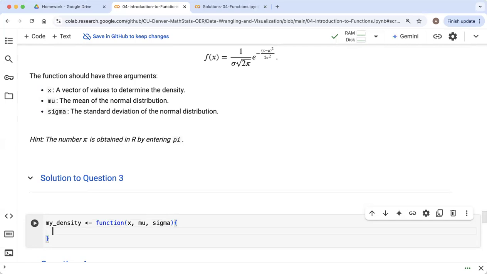There's a lot going on. So we certainly could enter this all in at once, but I'm going to break this up into smaller pieces just to make this more digestible. Let me start with the fraction out in front.